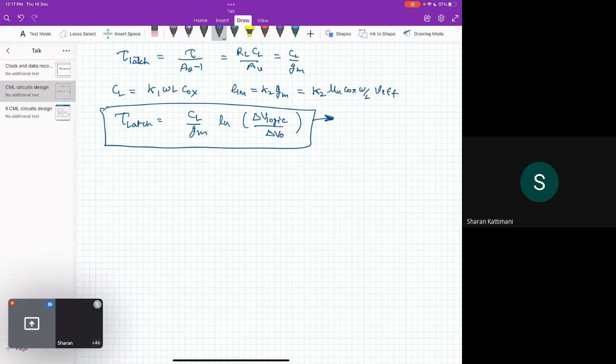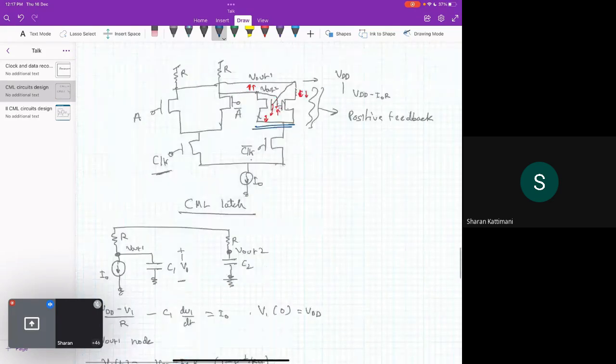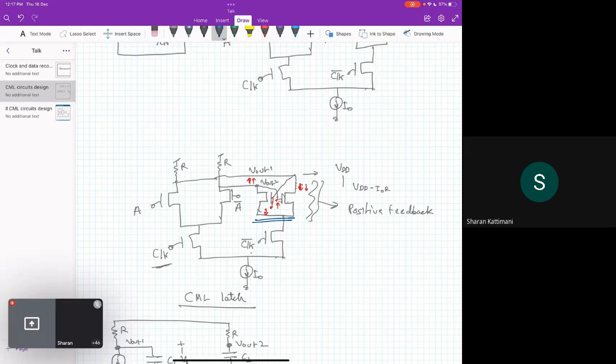Okay, and the latch is used in divider. So in PLL circuitry also we have seen that in PLL we need to have divider, and sometimes if it is high speed, then we need to have that divider in this CML form. Okay, so this particular latch will be used in the divider.